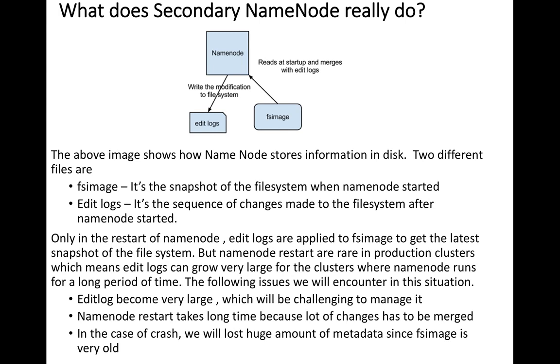So generally this makes the restart of the name node take a very long time. So those are the two things that happen first. One is that the restart of the name node takes a long time once you stop it, because it merges the edit logs into the FsImage.